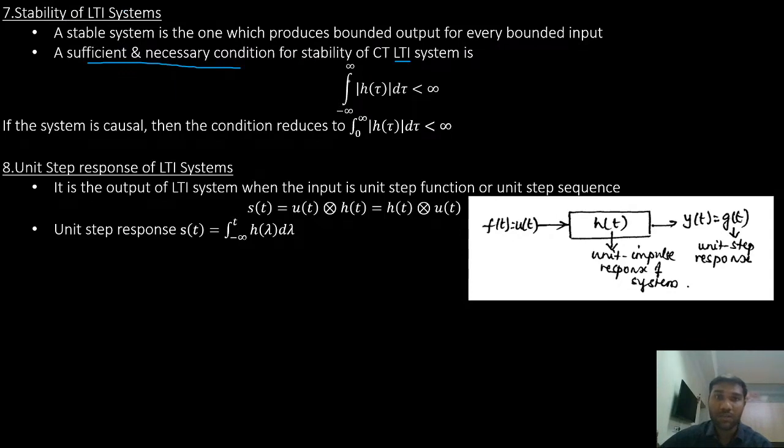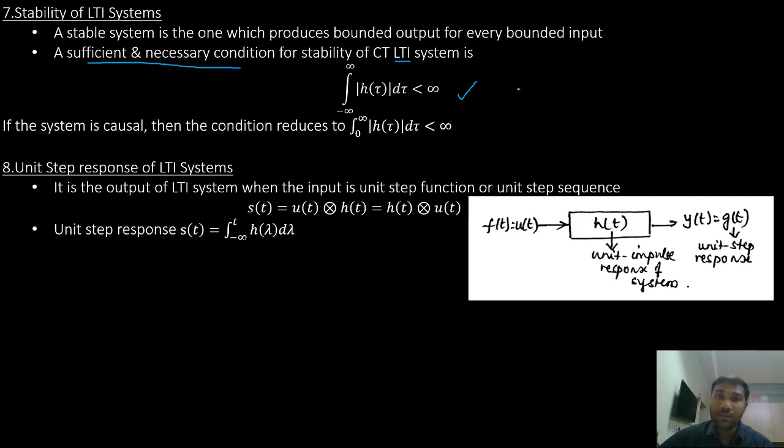So what is the condition? Integral minus infinity to infinity of mod h of t dt must be less than infinity. If this condition is satisfied, I can say my system, LTI system, is stable. This is the condition for stability.